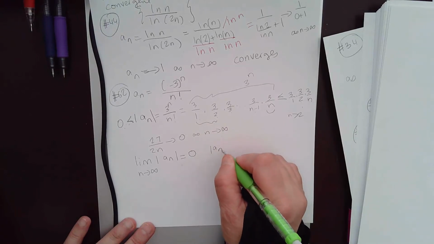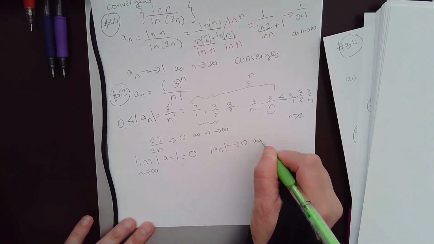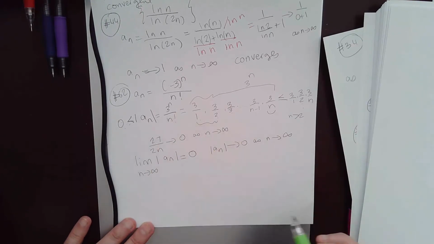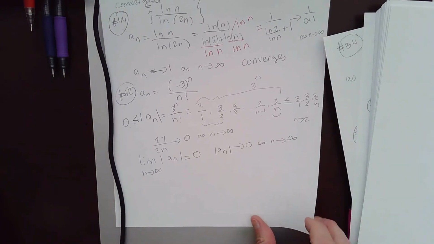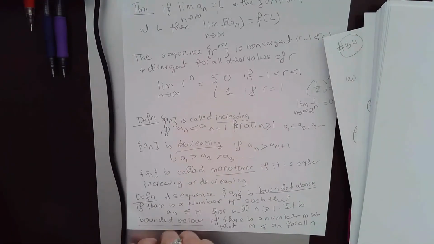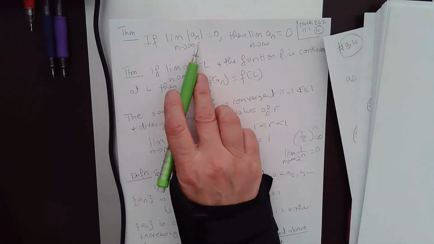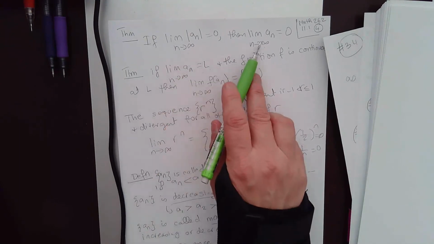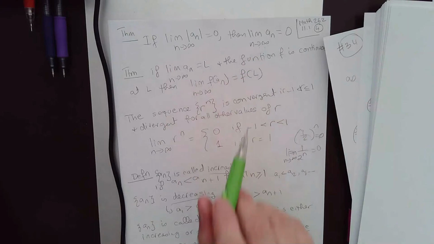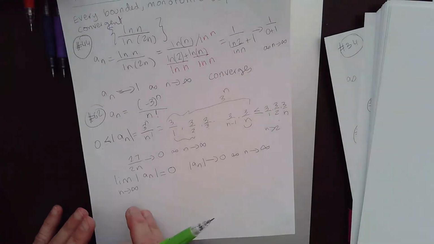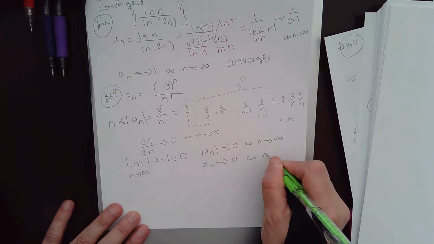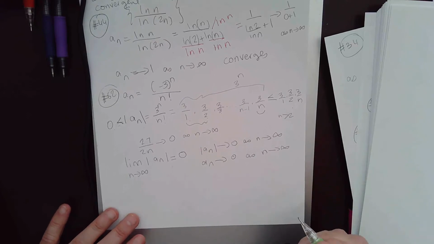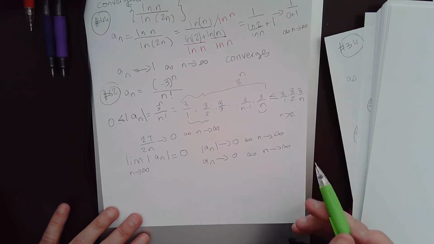And of course, the theorem that I just gave you says that if the limit of the absolute value of an as n approaches infinity is equal to 0, then the limit of an is also equal to 0. So using this theorem, an approaches 0 as n approaches infinity. So the sequence converges, and converges to 0.